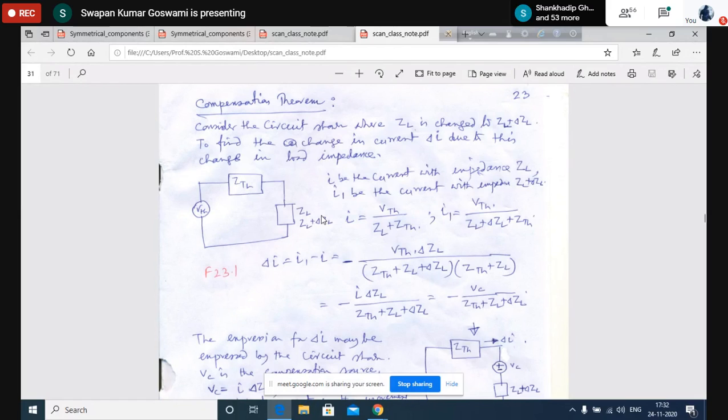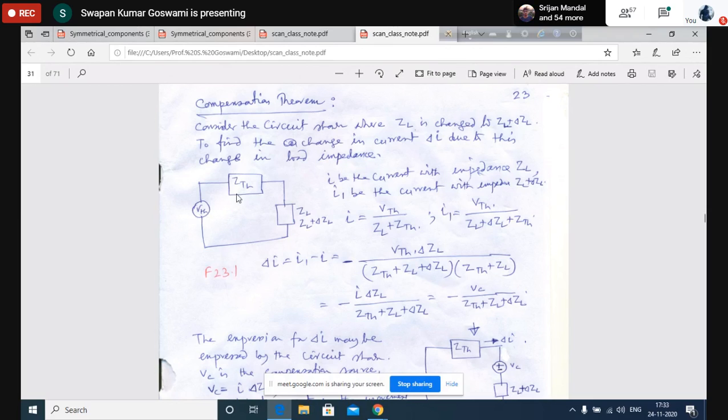So to discuss this theorem, let us consider a very simple circuit. First, say we have a voltage source and a series impedance. We may have been given a rather complicated circuit, but if it is linear, we can represent that circuit by its Thevenin equivalent, with the help of the Thevenin voltage and series impedance.